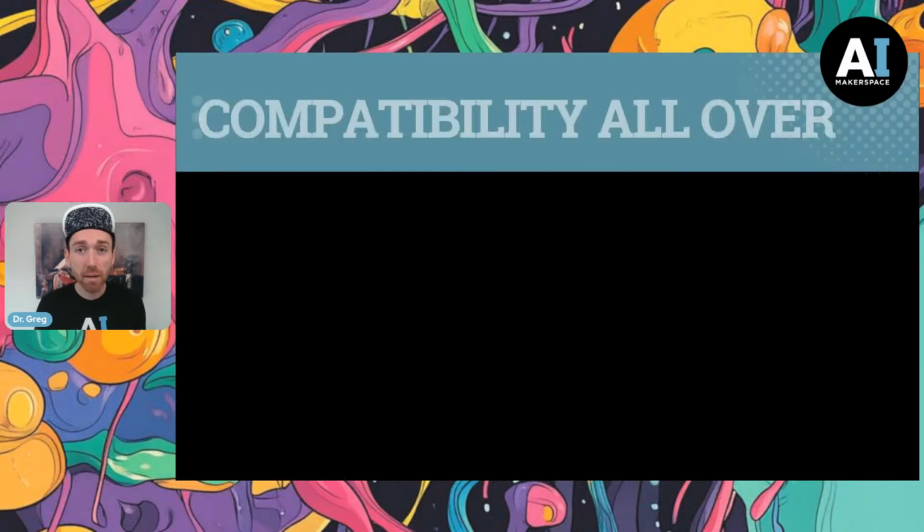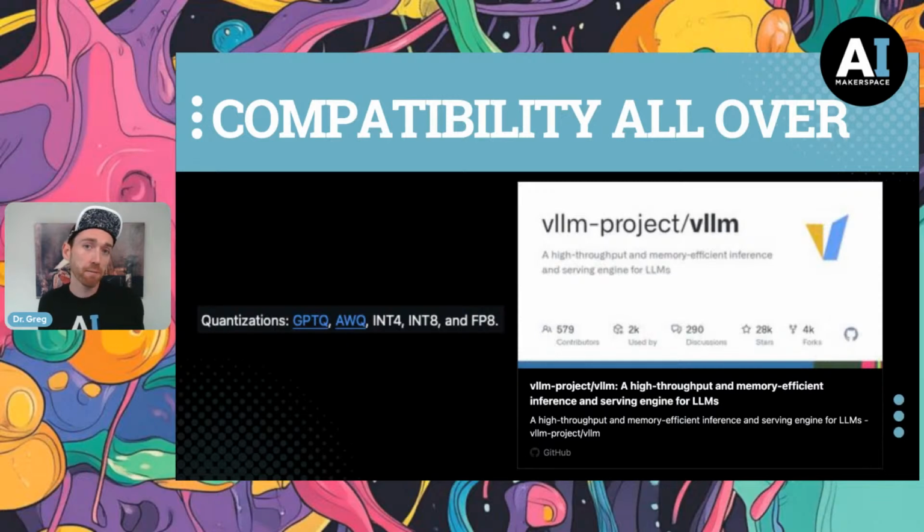If you're going to be a gold standard inference and serving tool, you're going to want to support quantization techniques that people are used to. GPTQ and AWQ are two of those, and these are more classic, more naive implementations.